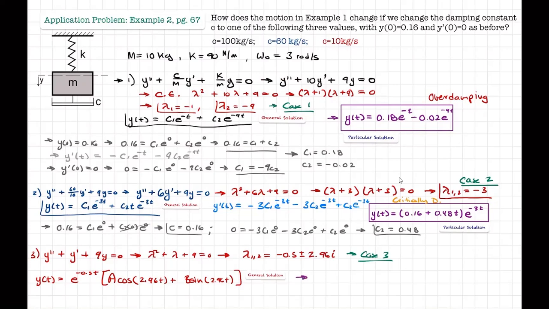After I apply the initial conditions, I will get y of t equal to e to the negative 0.5t times 0.16 cosine of 2.96t plus, well, not b, this is a 0.0027 sine of 2.96t.